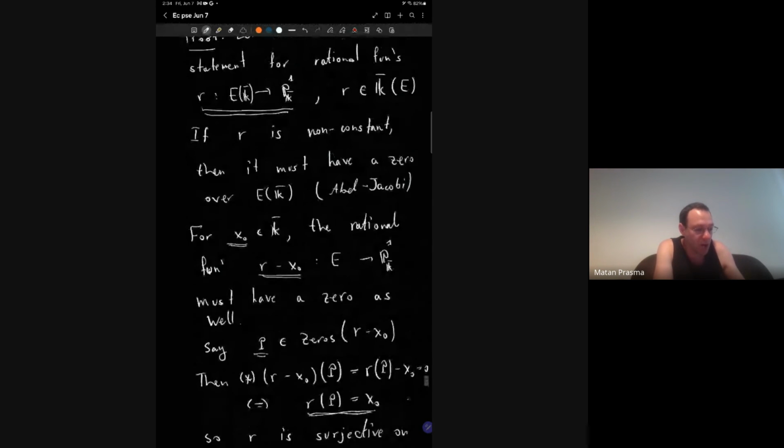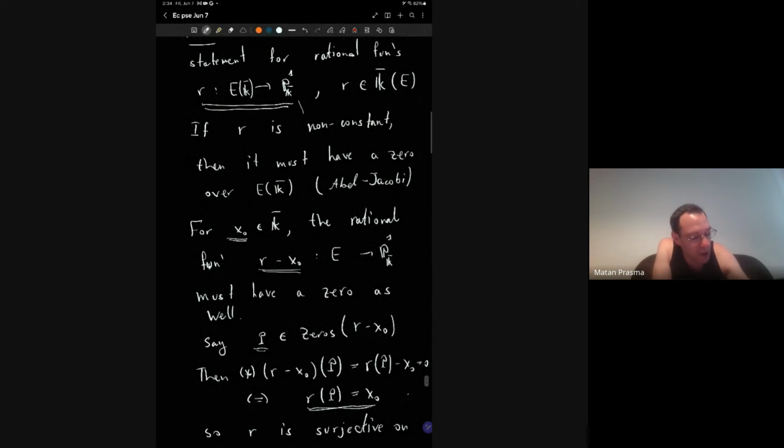And so now I almost proved surjectivity, but I need to show that I also get infinity. I remind you, P1 is like K union infinity. But that's not a problem, because if R has a 0, it has to have a pole.